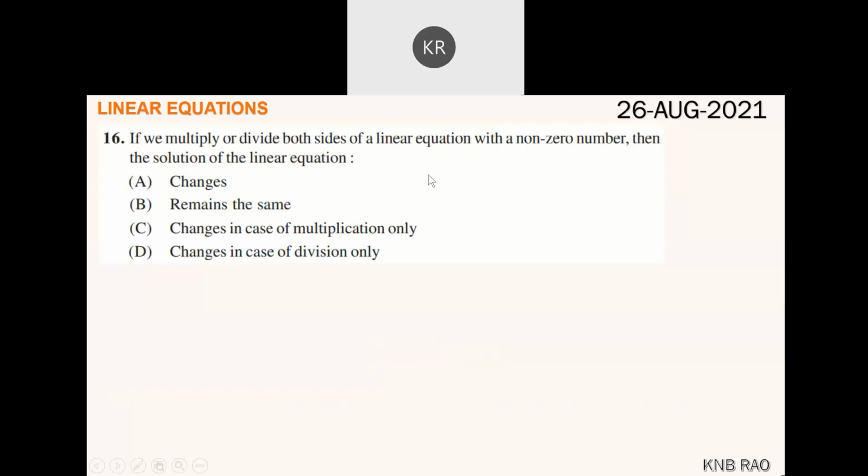First, go through the question, and I'll be opening polling. You will be answering through that polling once you identify the right answer. Question number 16, 17, 18 and 19: these four questions I am conducting polling.